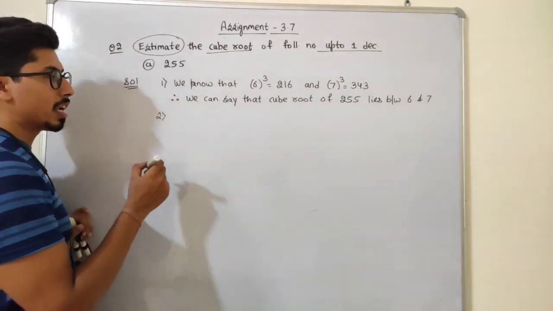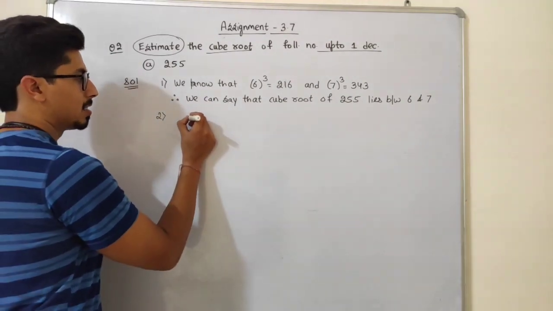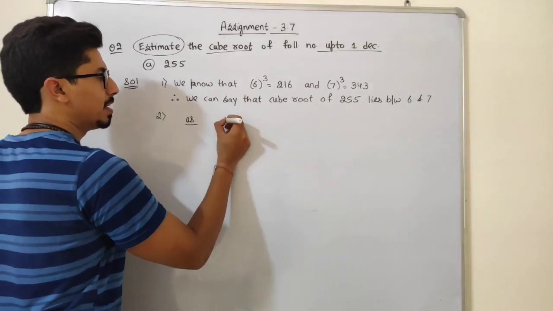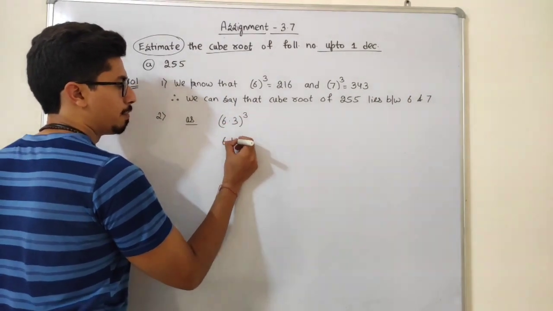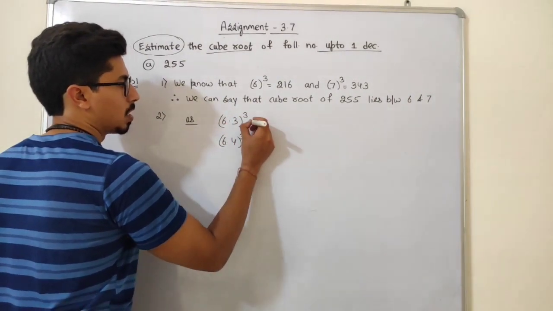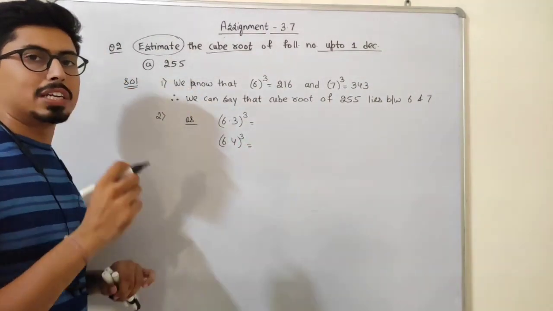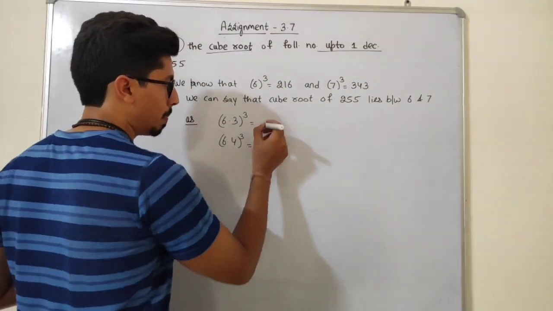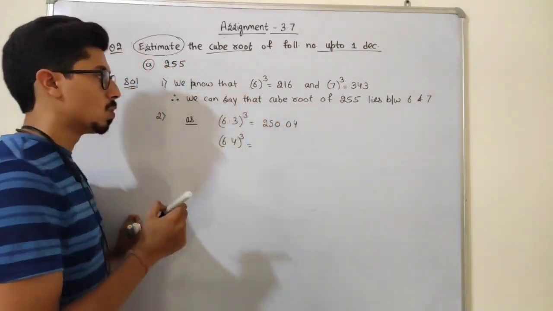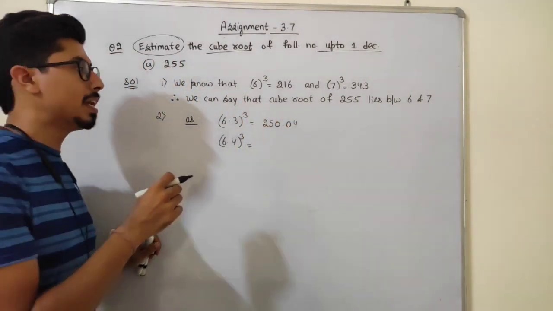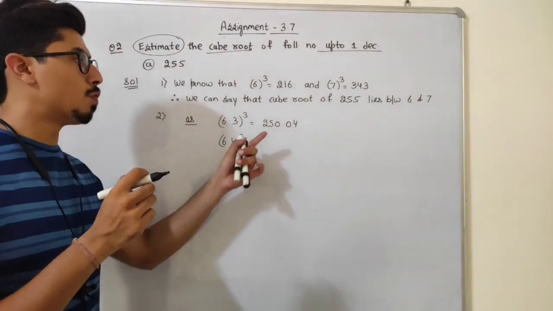Okay students, if I take, for example, 6.3 cube and 6.4 cube. So 6.3 cube will be 250.04, students.